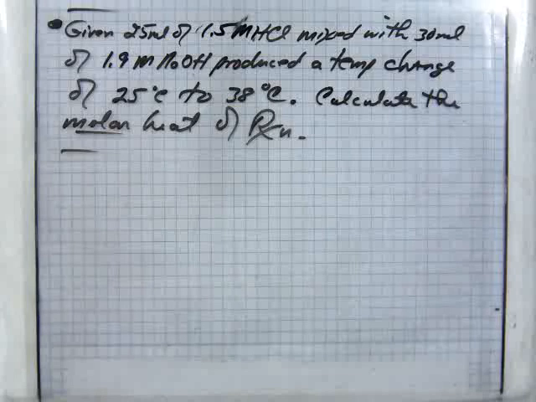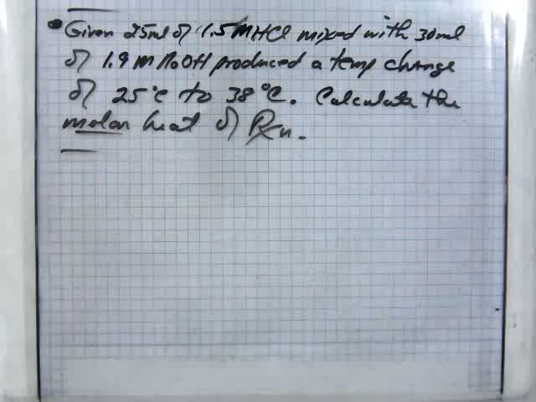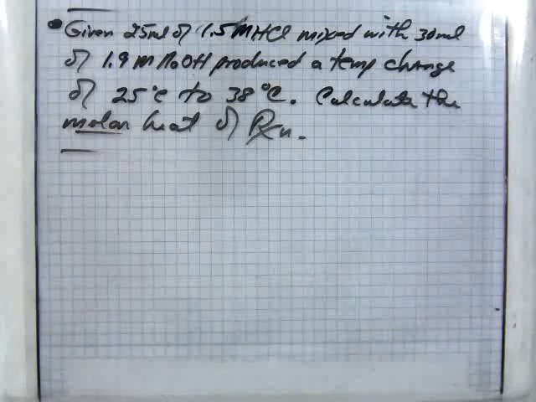So what you want to do is calculate the energy change associated with the limiting reagent in this problem. Which one's the limiting reagent? You've got to determine that. And then once you get that temperature change, that's the energy change for the mass of limiting reagent.